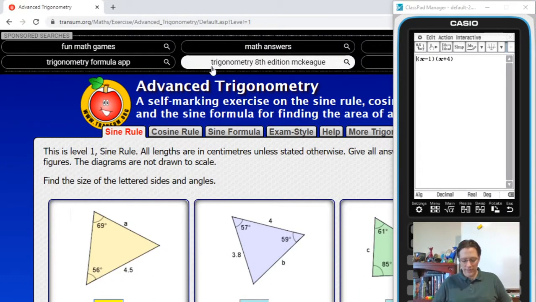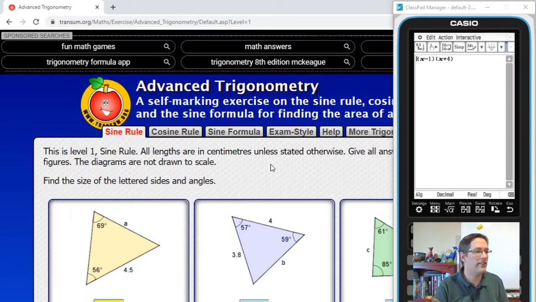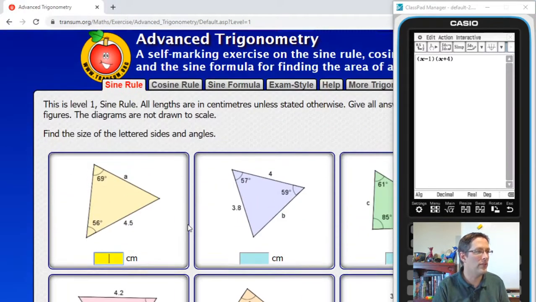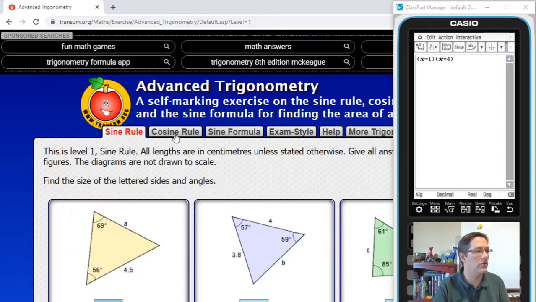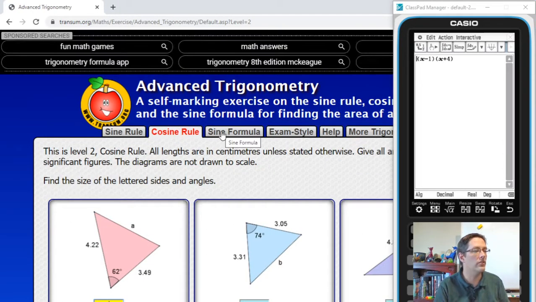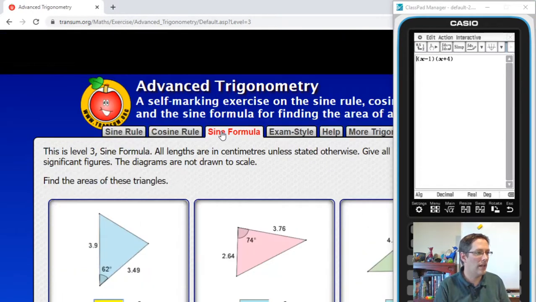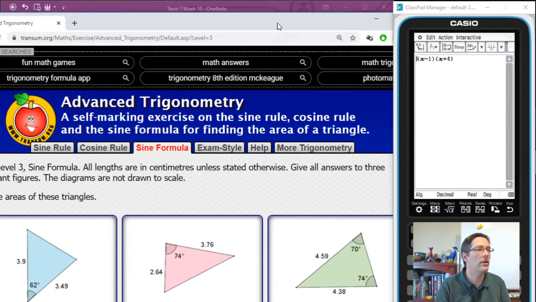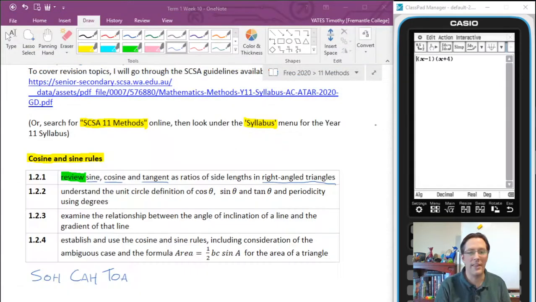The thing about Transum is that it does these sort of automatic self-marking activities. If you do a web search for Transum Advanced Trigonometry, like we can see there, you should be able to get access to that, and it's got some practice questions that we can do there. And there's different ones for different forms of the rule. We've got the cosine rule and the area formula in there as well. So there are ones that we can have a look at there.